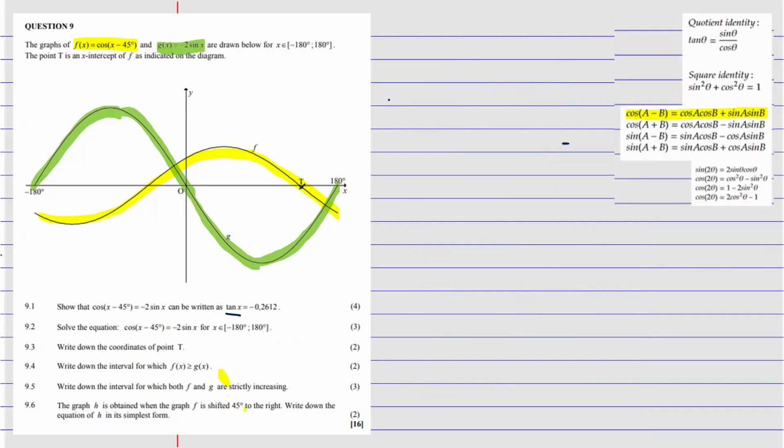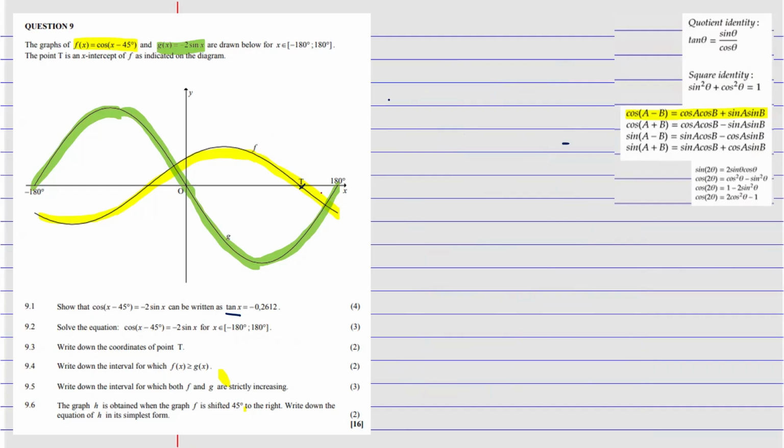It says we need to do what? Okay. It says solve the equation cos(x − 45) equals negative 2 sin x, for which your x value needs to be between negative 180 and 180, right? So with that said, do you see that we already reduced this?